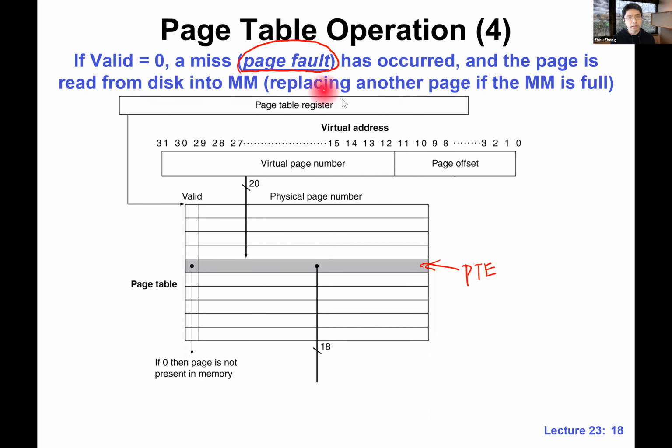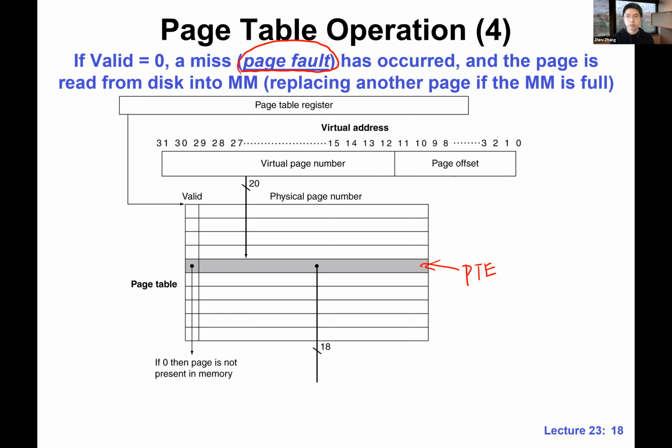That's where we will need to spend a million cycles. We will need to spend a lot of time to load the data from the hard drive, from the disk, to the physical main memory. Once we load it, then the corresponding PTE will be set with the correct PPN, or physical page number, and the valid bit will be 1.